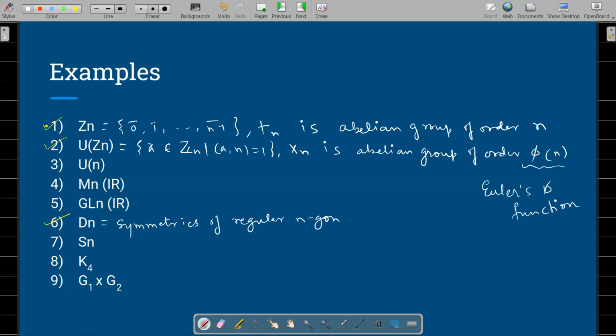And what will be the order? It's of order 2n. Why 2n? There are n rotations and there will be n reflections along either n vertices, or in the even case, like for example for a square, I don't have an axis passing through the vertex. I have reflection along these lines, right?